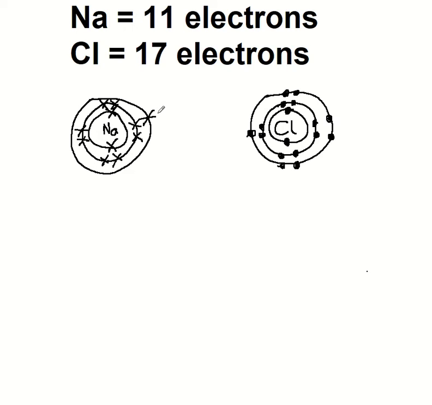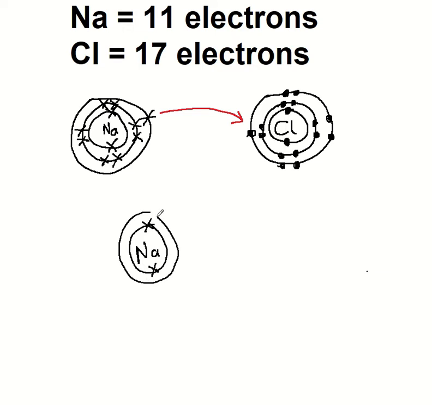Now what we're actually going to see happening is that this electron here is going to be transferred over there. So what we actually end up with is the one electron from our sodium here gets transferred to the chlorine. So when we then redraw these, okay, here's our sodium. Now we've still got the 2 on the innermost shell.